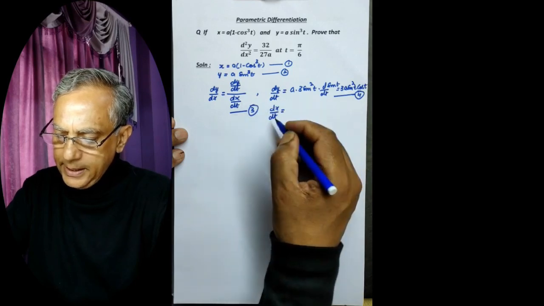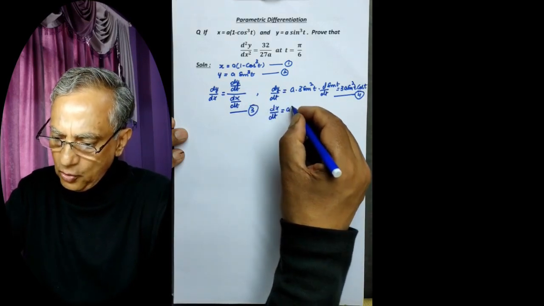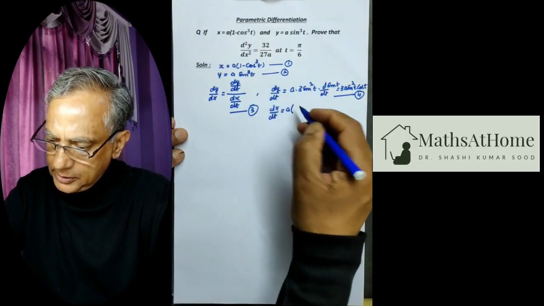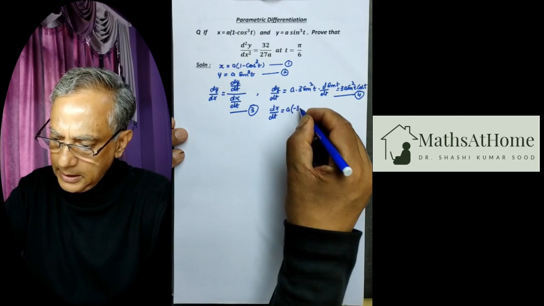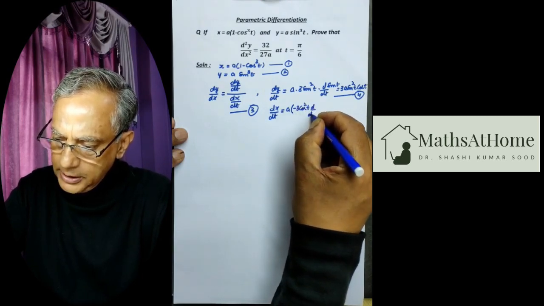And dx by dt is equal to, a is common, and differential of 1 is 0, and differential of this will be minus 3 cos square t into d by dt of cos t.